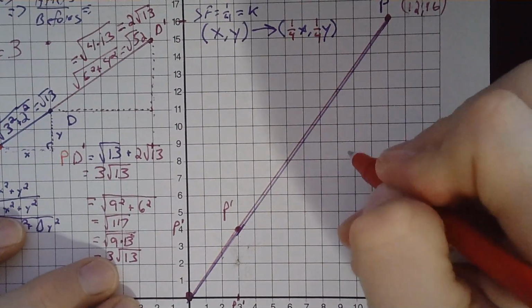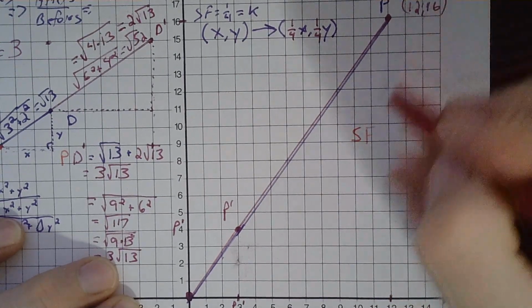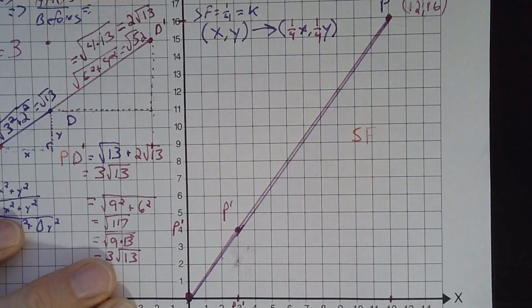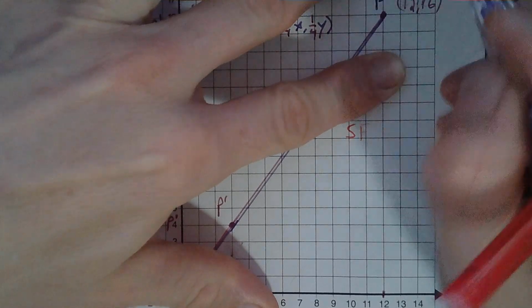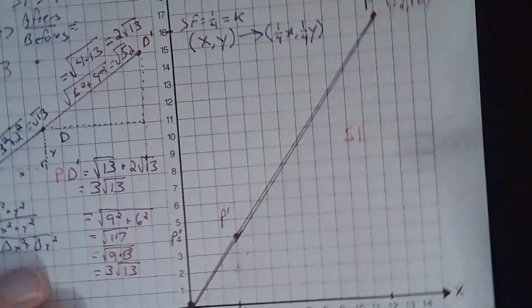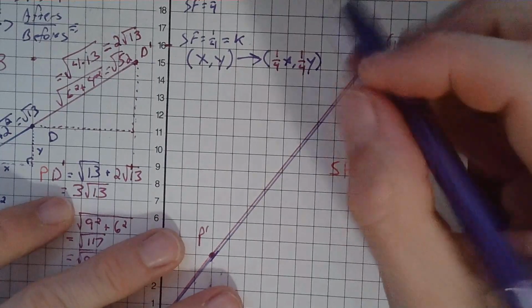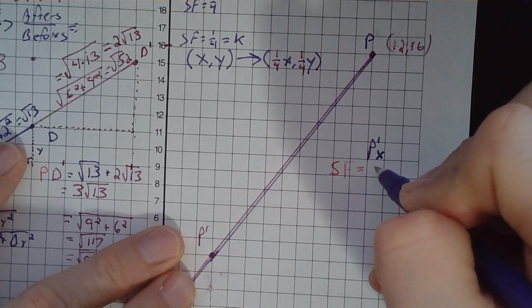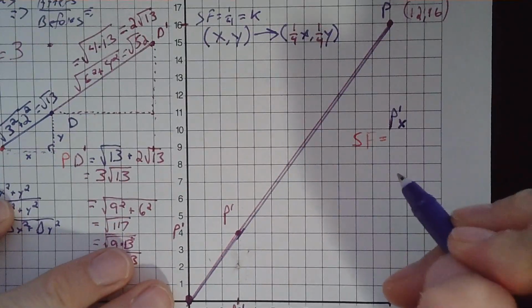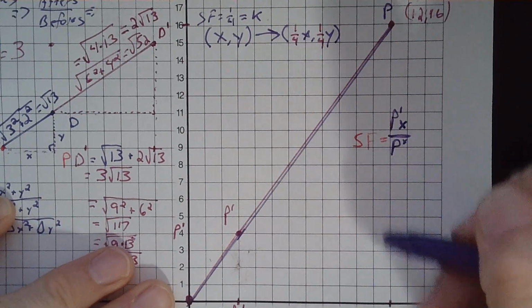My scale factor is going to be my p prime x value, or p prime sub x, another way to say that, divided by my p sub x. There shouldn't be a prime number on the original, it's a regular number.